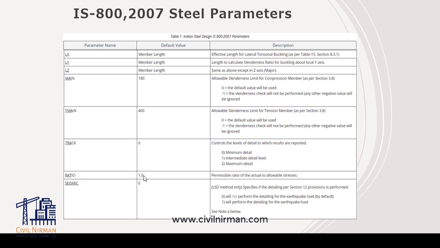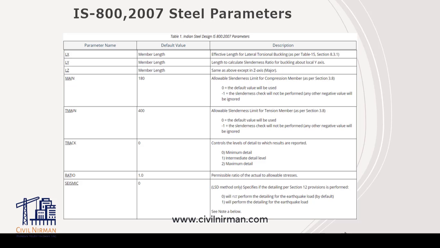When you say 0.8 instead of 1, then whatever member sizes are passing with a ratio more than 0.8 will show as a failure, even though they are passing in Staad checks. But what you are doing is restricting that limit. So above 0.8, all the members with a unity ratio exceeding that value will show as failure.